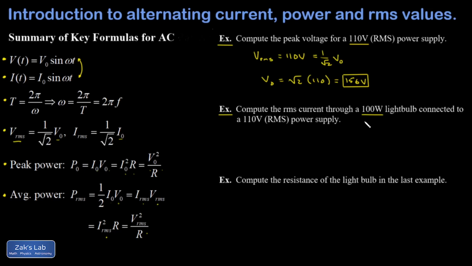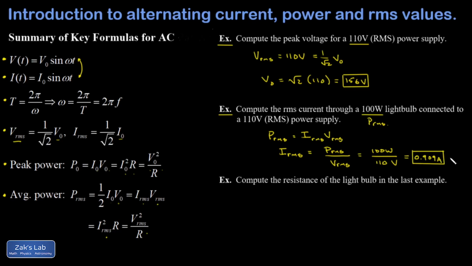So this is an RMS value as well. I could call it P RMS, or I could do a P with a bar over the top of it to indicate the average. And so this isn't so bad. I just use P equals IV in the RMS sense, and I solve for the RMS current. And that gives me 0.909 amps, just keeping 3 sig figs here.